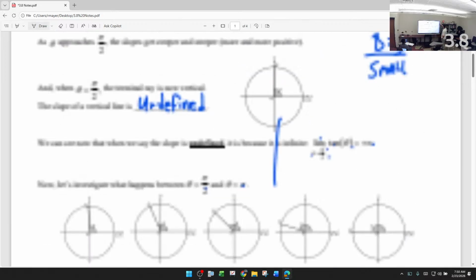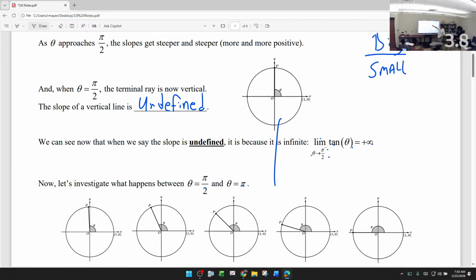Again, you got to understand positives and negatives, right? Quadrant 1, tangent is positive, because sine and cosine are both positive. In quadrant 2, tangent is negative. Sine is positive, but cosine is negative. Positive over negative is a negative.